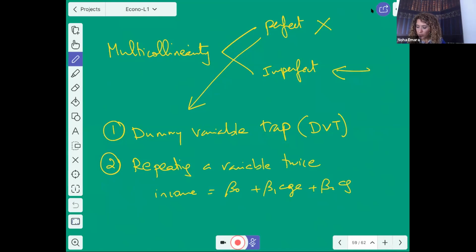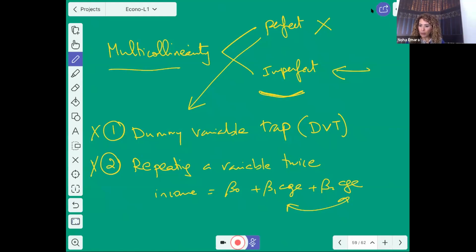So I'm making a mistake of repeating a variable twice, and age with age is 100% correlation. So I'm creating a perfect multicollinearity in the model. So I'm assuming that I'm not dealing with the dummy variable trap. I'm not repeating a variable twice. And if I make this assumption, then anytime I mention multicollinearity, just remember I implicitly mean it's the imperfect one.